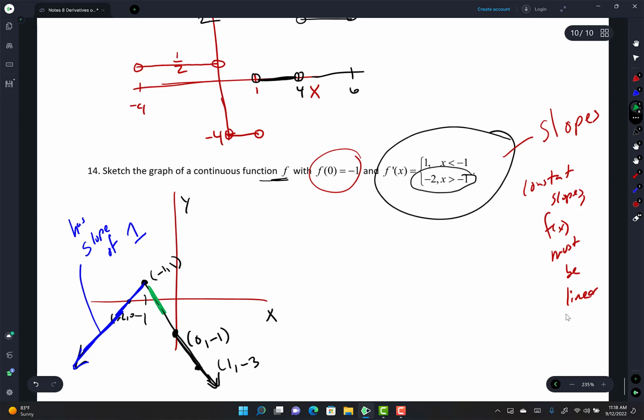And this line here in green has slope of negative 2. Negative 2, 0, because they have the slope of 1. Yay or nay? Okay, we're going to see if we can do this on our own, guys.